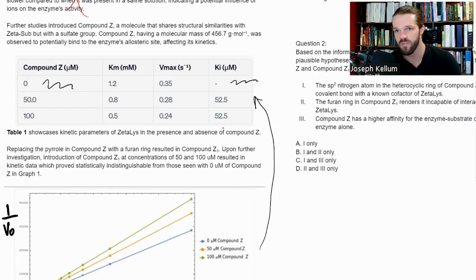That is counterintuitive. However, if you understand that compound Z here is an allosteric inhibitor, then what you might note is that it can bind to the empty enzyme, but it can also bind to the enzyme substrate complex. In either case, the binding is going to lead to a conformational shift in that enzyme that is going to affect the enzyme's ability to bind to and let go of the substrate, right?